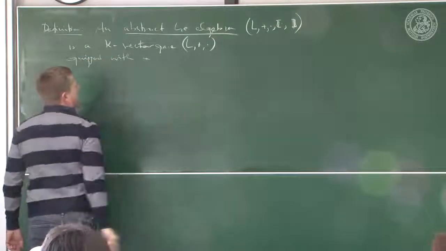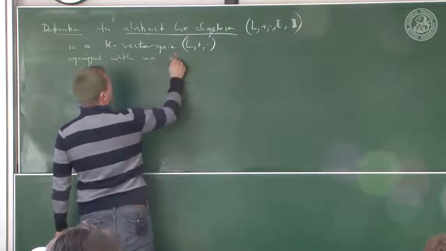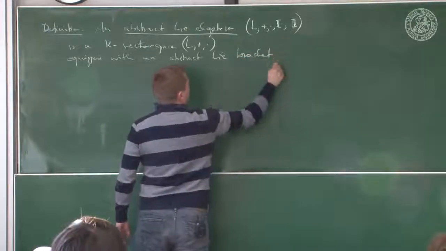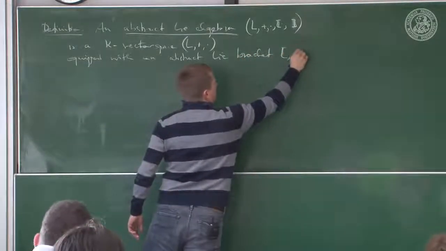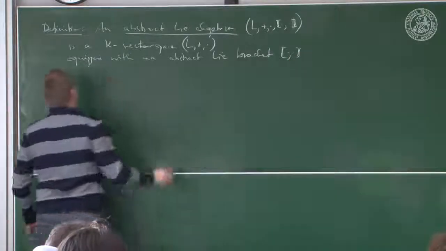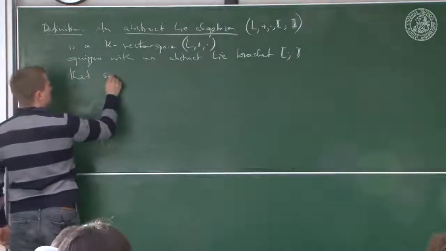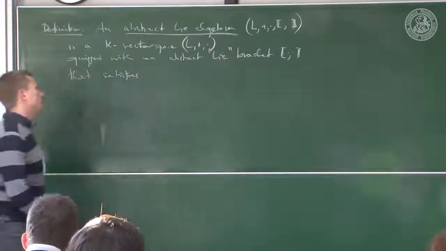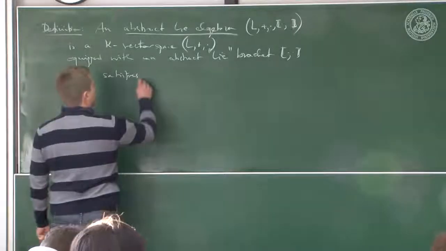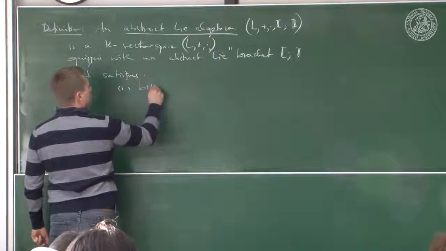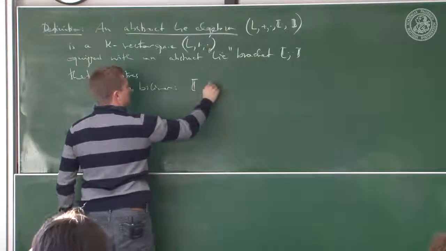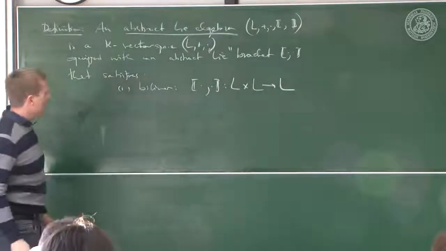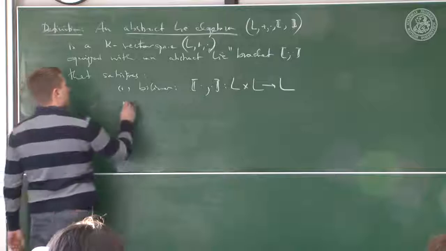It's a K vector space, L plus scalar multiplication, equipped with an abstract Lie bracket, double bracket, that satisfies, so it's a Lie bracket, and what Lie means is that it satisfies, first, it's bilinear, so that means that it takes two elements of the abstract Lie algebra and maps it to an element of the abstract Lie algebra.